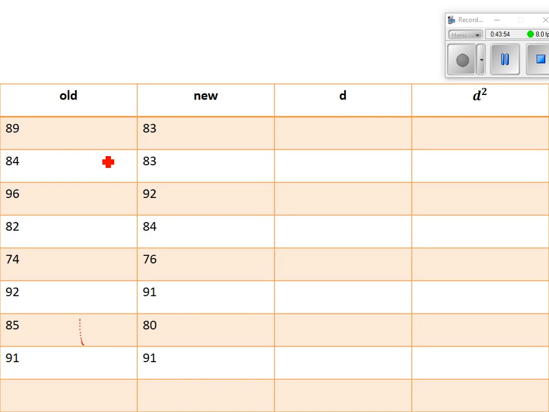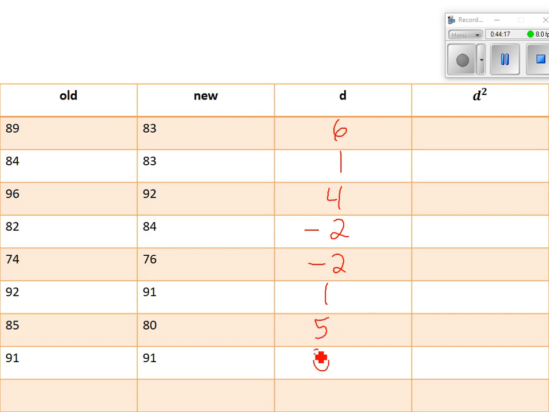We're just going to subtract these. What's 89 minus 83? So 6 goes there. 84 minus 83? 96 minus 92? 82 minus 84? Negative 2? Negative 2 again? 1, 5, 0.